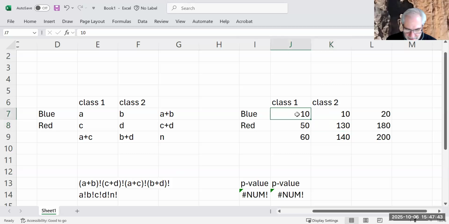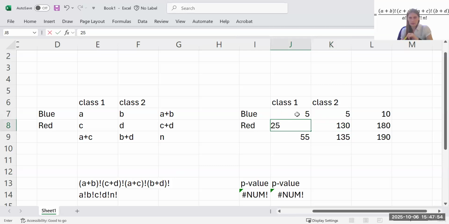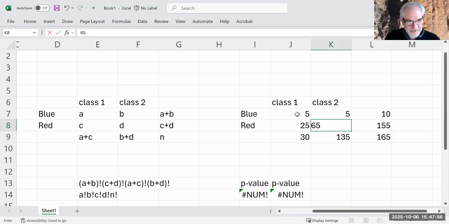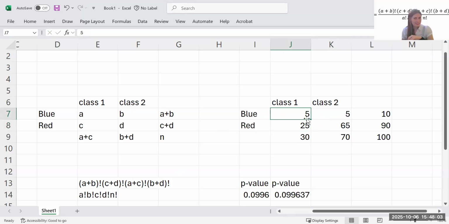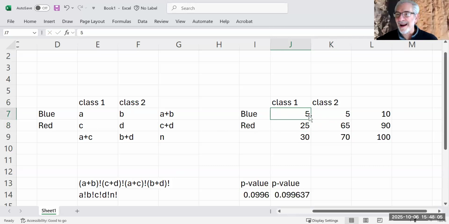That's weird, eh? Let's go back to this. 5, sorry, 5. That was 25, and the other 25. That was 65, I believe. And this was 5, right? Yeah. That's weird.